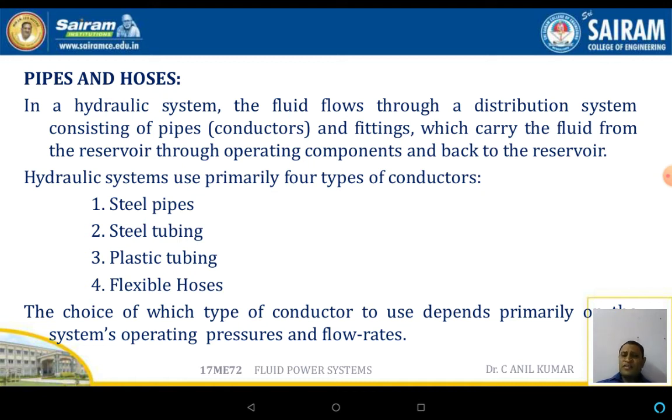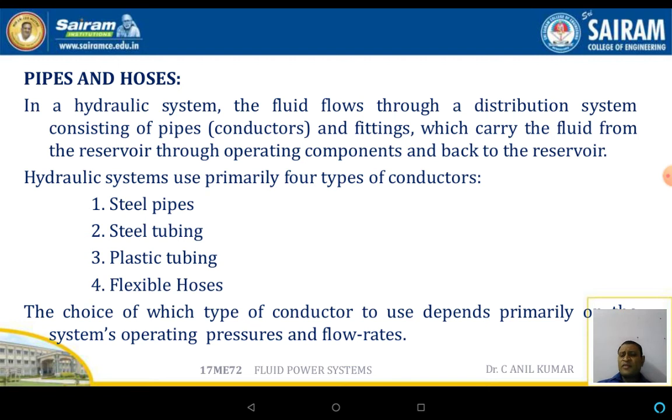In the hydraulic system, the fluid flows through a distribution system consisting of pipes, or normally we can call them connectors and fittings, which carry the fluid from the reservoir through an operating component and back to the reservoir.